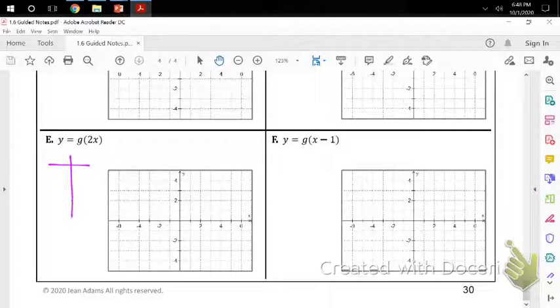So what are we going to do to our x's? Well, it says 2 times x, so we know we're going to divide our x's by 2. And nothing affected my y's, so they're going to stay the same.